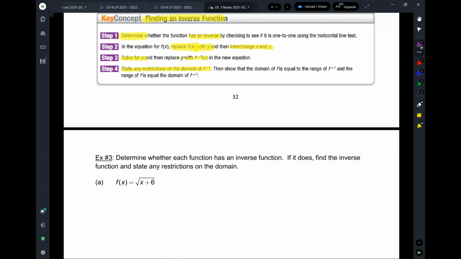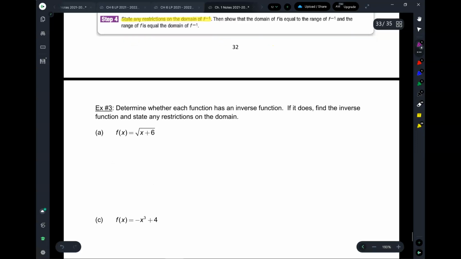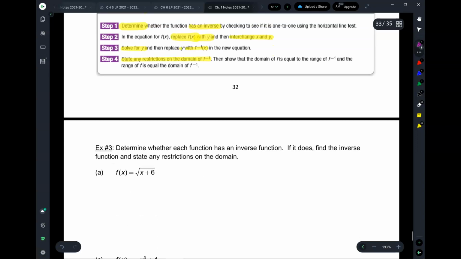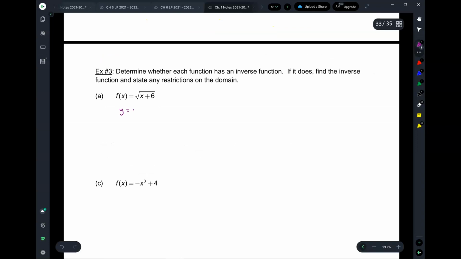First, determine if it has an inverse function. Now, let's see if we could do this mentally. This is a square root graph, right? And what do square root graphs look like? This. Would it pass the horizontal line test? Yes, it would, so it does have an inverse. Okay, now, the next step is replace f of x with y, which we can do.